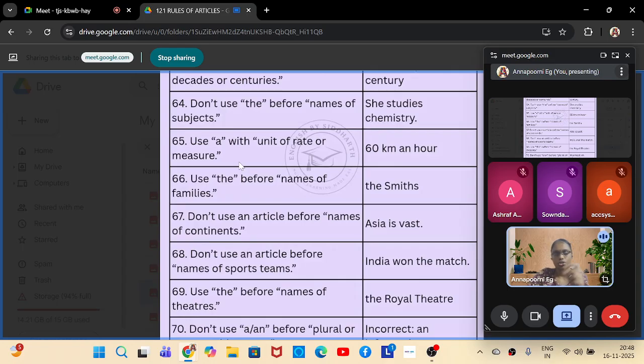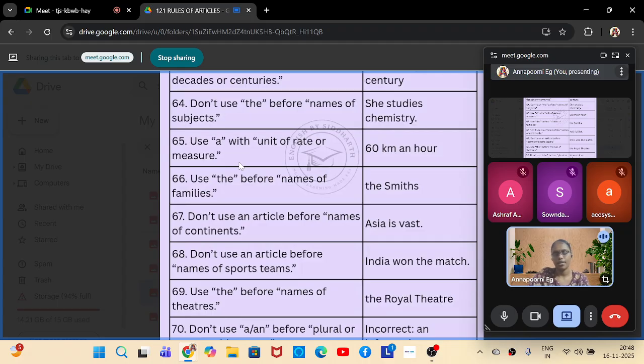Next is use a with a unit of rate or measure. To state the unit or rate of a measurement, we never use a or an. For example, 60 kilometer. We don't say a 60 kilometer. Similarly, an hour is actually for 1 hour.